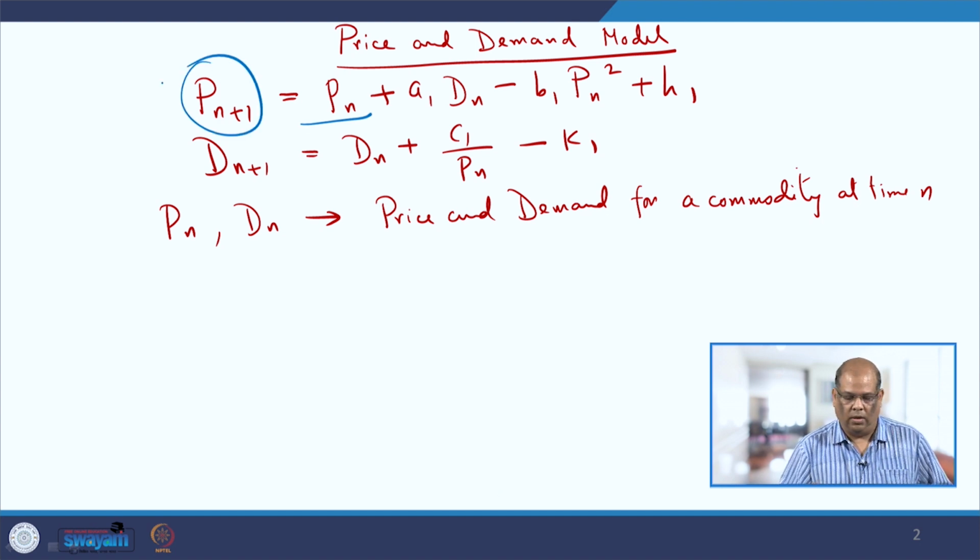Now, the very first term is the price at time n, and this is the price at time n plus 1. So, price at time n plus 1 depends on the price at time n plus the demand. As your demand increases, your price also increases. You have seen, say, during Diwali, your demand for firecrackers or candles is huge, and it depends at what hour you are going to buy.